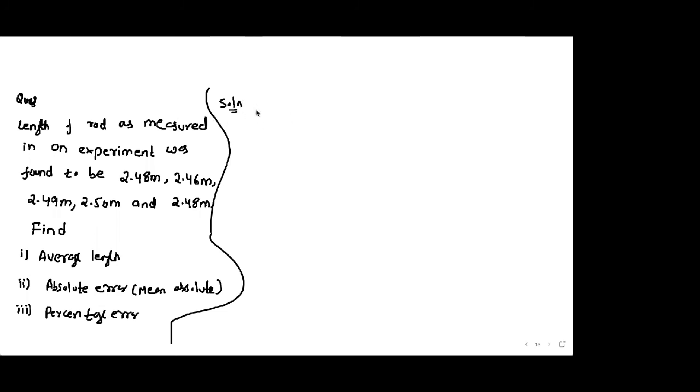So the first part. If I take the mean value, then the mean value is simply the sum of 2.48 plus 2.46 plus 2.49, 2.50, 2.48, divided by 5.